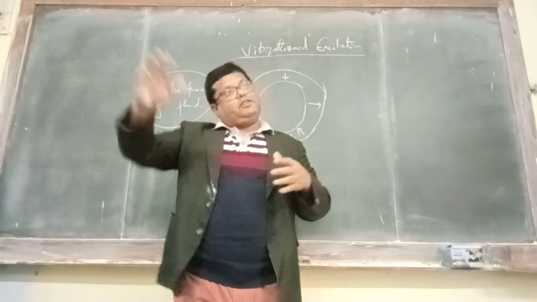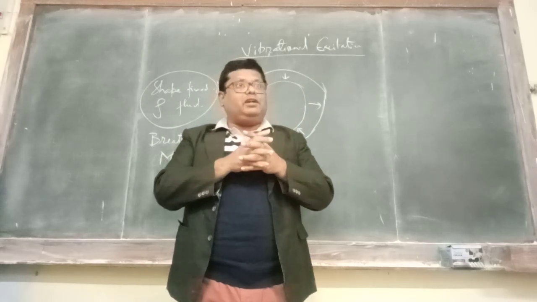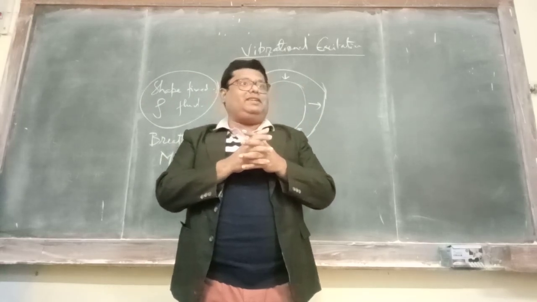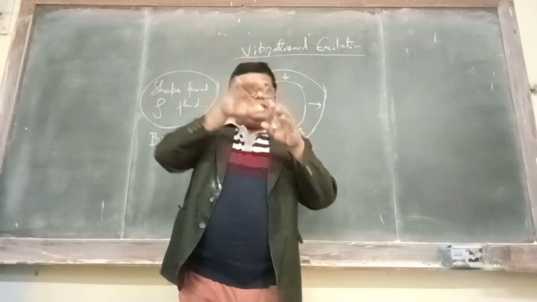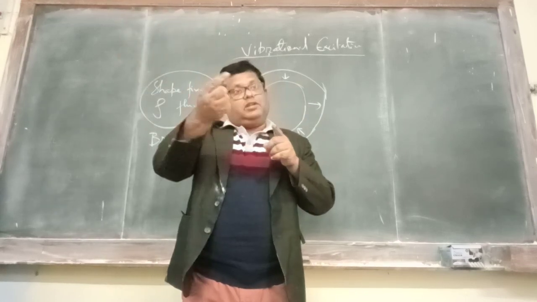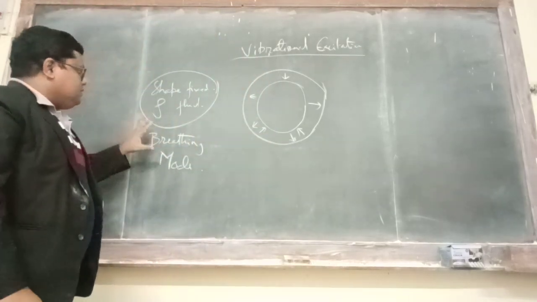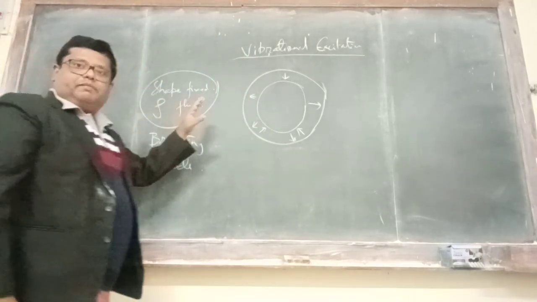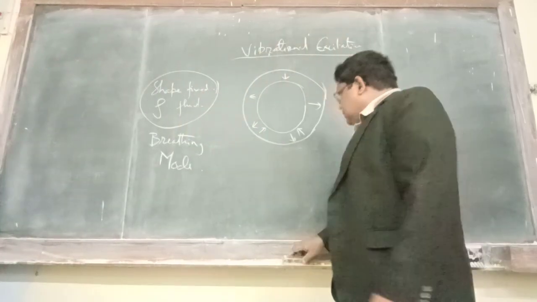But it doesn't mean that you can come and we can have a perfect union. There is a hardcore potential, a certain region within which you cannot enter. So this is a very basic breathing mode, a vibrational excitation, and remember this is observed in the high energy spectrum.